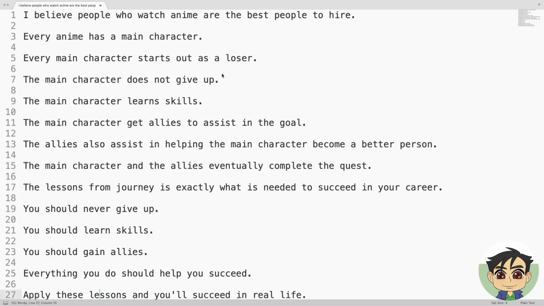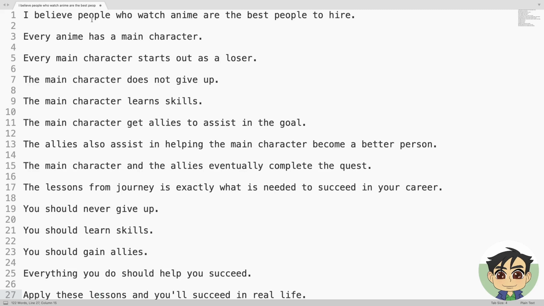So let's move here to the corrected one. I believe people who watch anime are the best people to hire. Every anime has a main character. Every main character starts out as a loser. The main character does not give up. The main character learns skills. The main character gets allies to assist in the goal. The allies also assist in helping the main character become a better person.